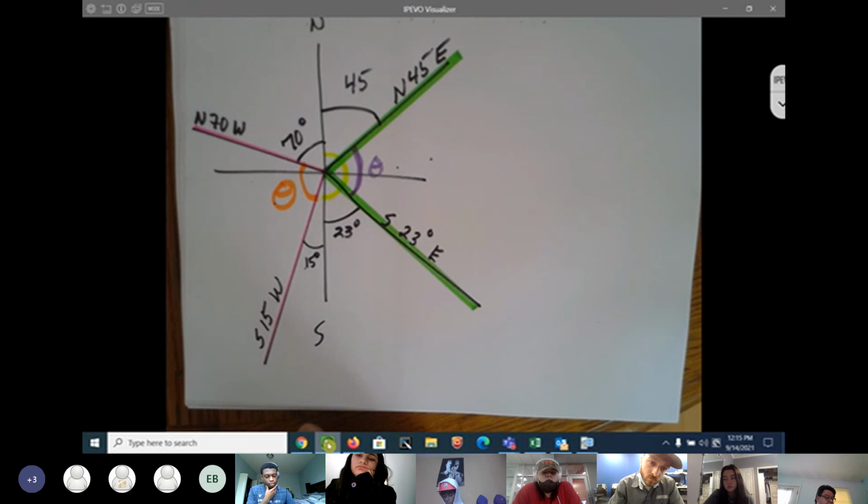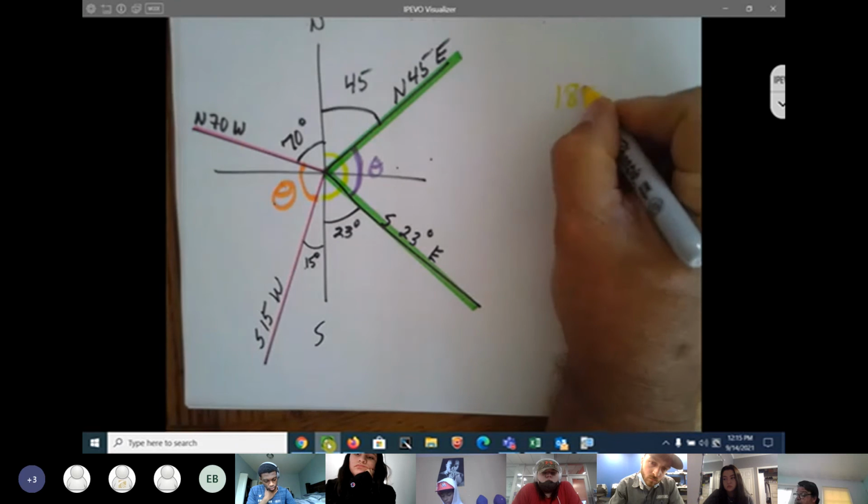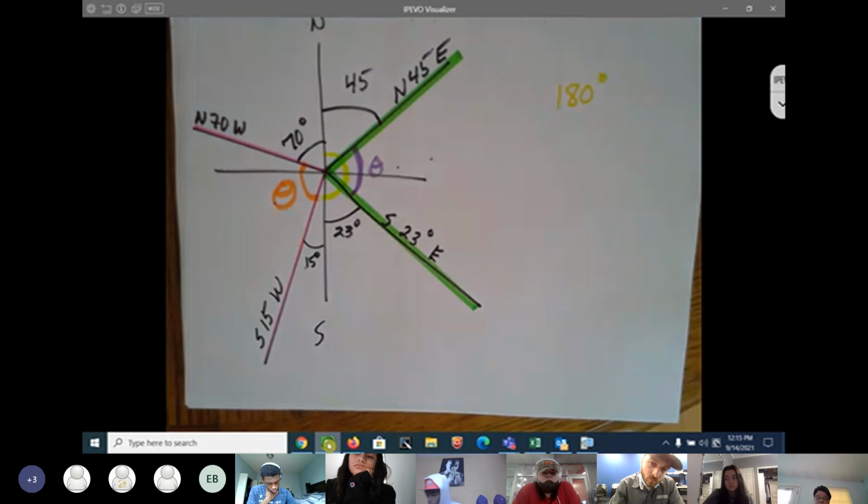So if I want to find the purple angle, I take 180 degrees and I subtract, as soon as I can find my black pen, which I have lost. Y'all have to excuse me. I'm very persnickety about my colors.